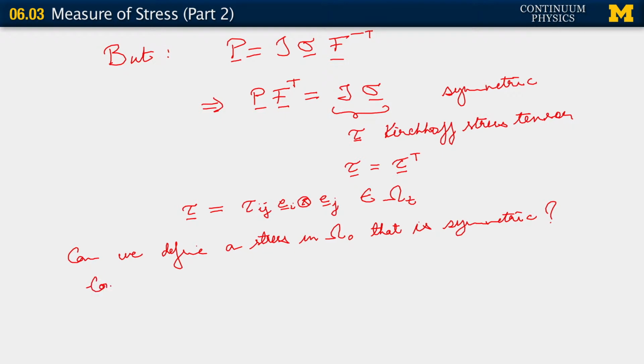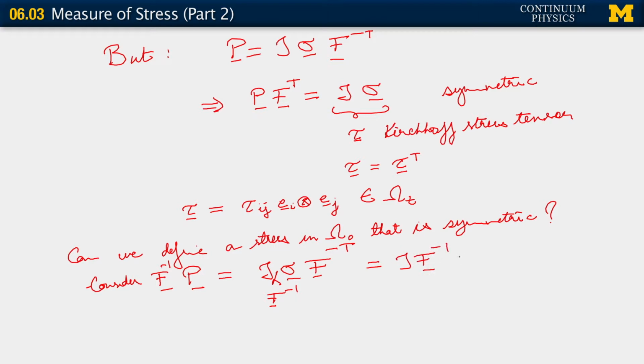So if we consider P equals J sigma F inverse transpose, we observe that if we were to multiply this on the left by F inverse, and likewise here also put in an F inverse, now we have something on the right hand side, and therefore on the left hand side, that is symmetric.